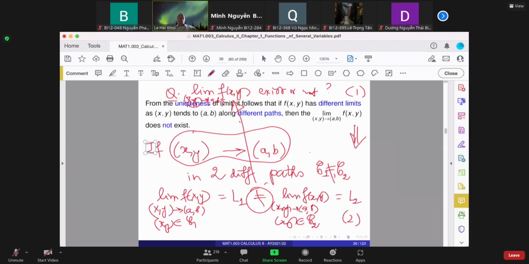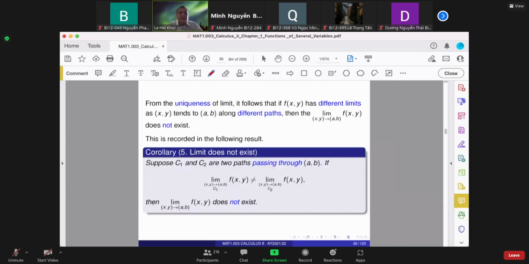Because if the general limit exists, then L1 and L2 must be equal. But if you have two different paths along which you get two different limits, then the limit doesn't exist, right?